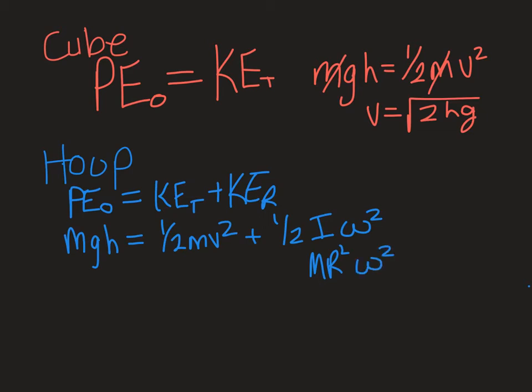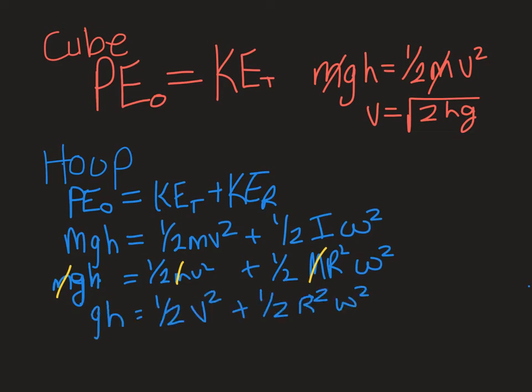I can bring down the other components, and I'll notice that every term, again, has mass in it. So I can actually cancel out the mass component of this equation to simplify my overall setup. Now there's one more place that I can simplify.